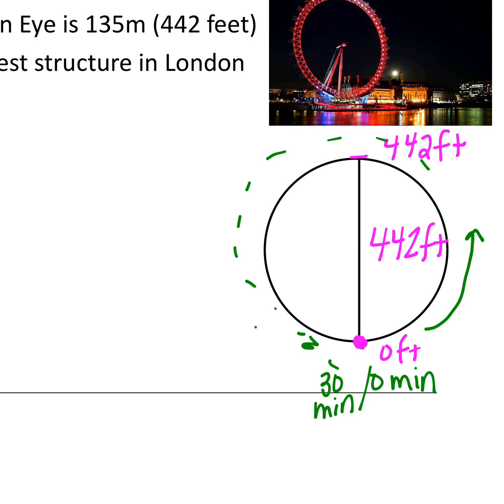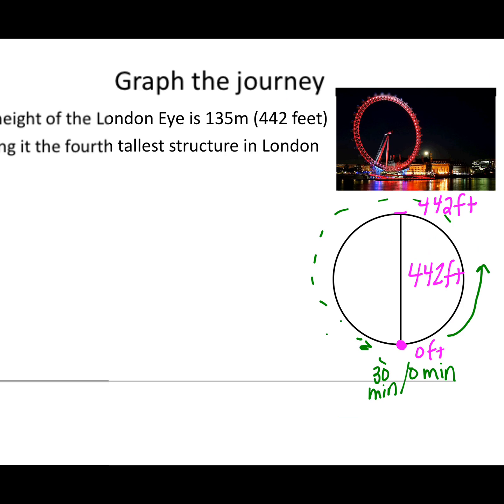If we get on at 0, and then we go all the way around and get back off at 30 minutes, I'm hoping that you're going to see that you're starting at the bottom, so you're not starting at your midline. So if you're not starting at your midline, you're going to have a cosine graph.